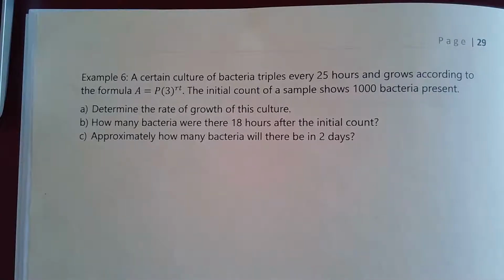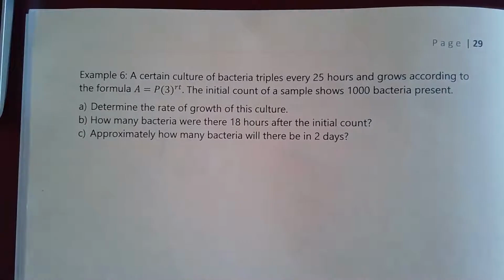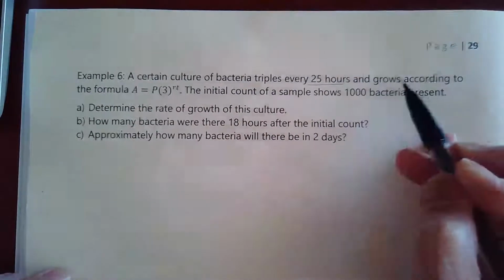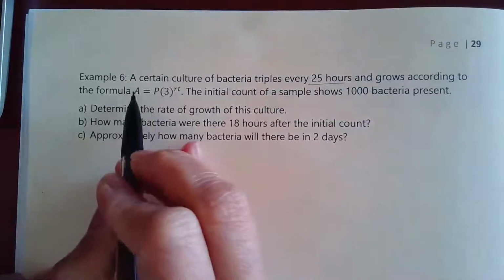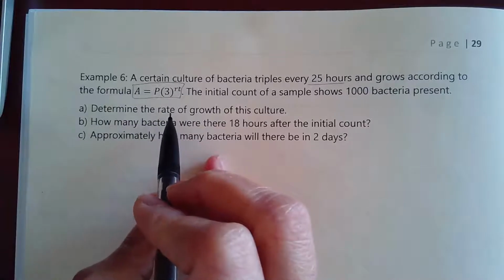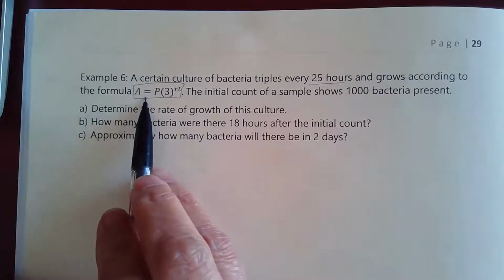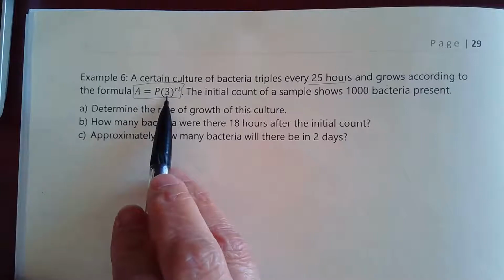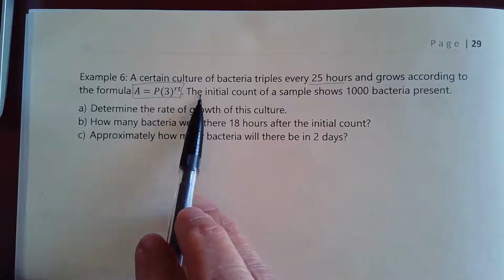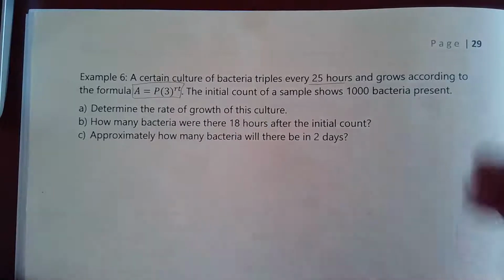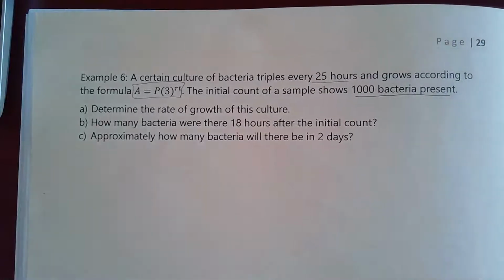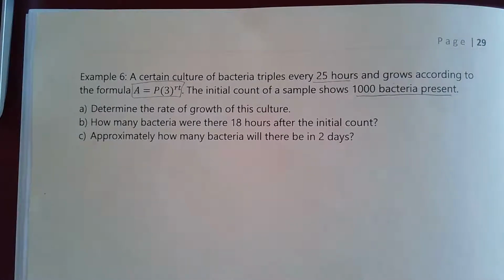A certain culture of bacteria triples every 25 hours and grows according to the formula. They're giving us a formula: A equals P times 3 to the exponent R times T. It says the initial count of the sample shows 1,000 bacteria, so at the beginning there are 1,000 bacteria.